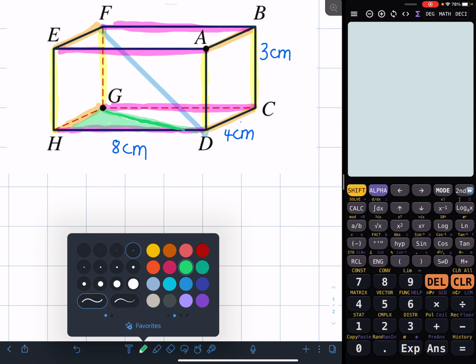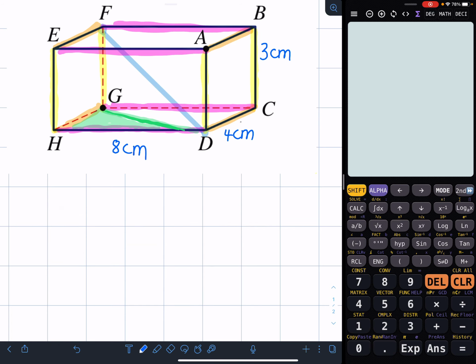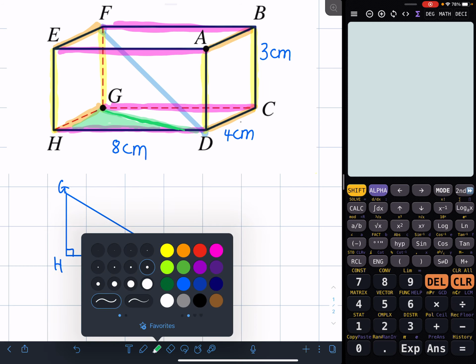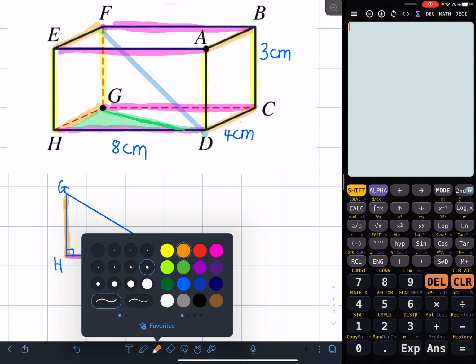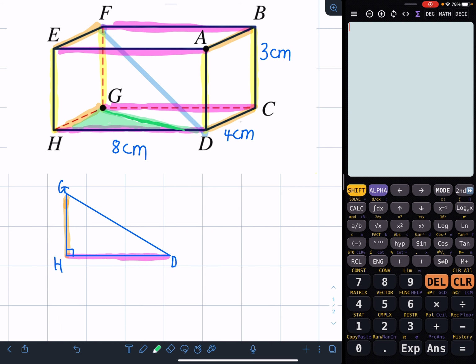I'm going to now draw a triangle with a right angle, and label each corner G, H, and D. I'm going to colour code the sides. So DH is pink, GH is orange, and finally GD, or DG, that's the green one.